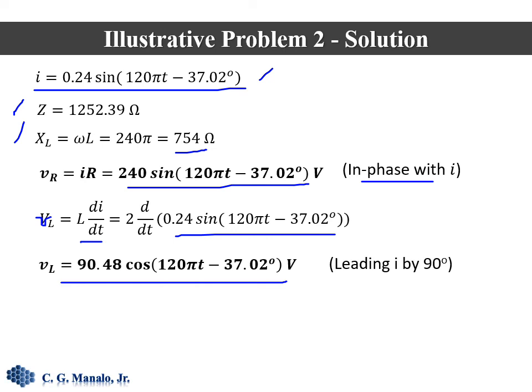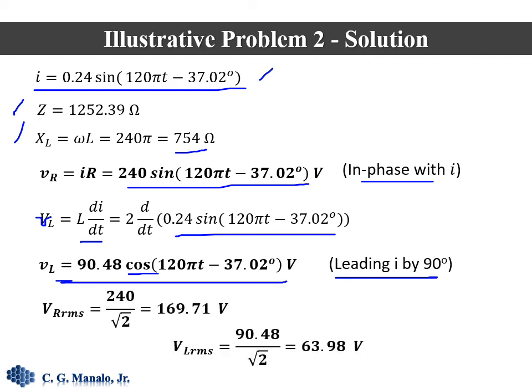If you notice, if we plot this one, that will give us a result that will lead I by 90 degrees because of the presence of the cosine function. Remember, if we convert this into sine, this will become 125t minus 37 plus 90 degrees there. And that clearly gives us an indication that this one is leading I by 90 degrees.